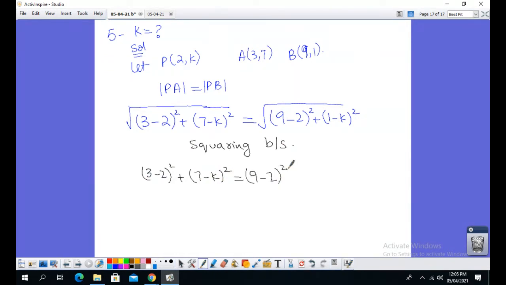After simplifying this relation, we get the required answer, the value of k.